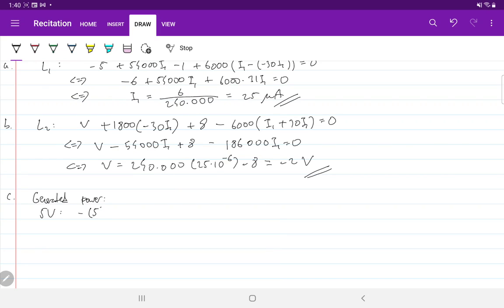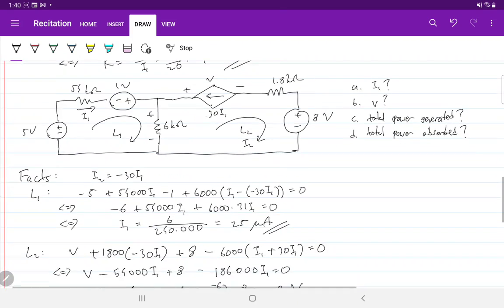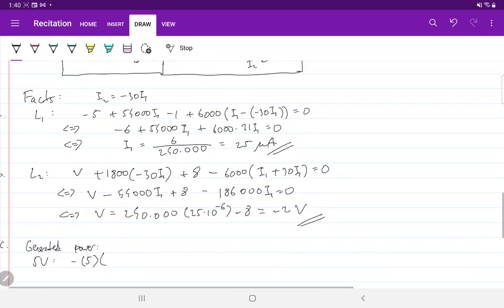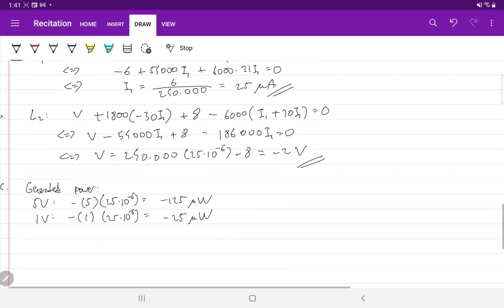V is 5 volt, and the current flowing through here is I1, so 25 microamps, 10 to the power minus 6, is minus 125 microwatts. The second source is the 1 volt voltage source, same, minus 25 microwatts.